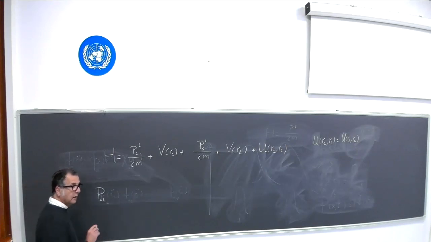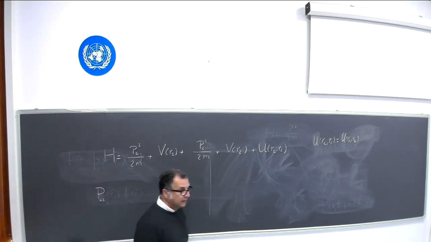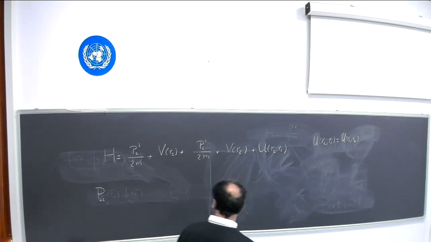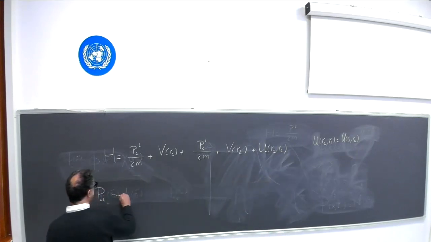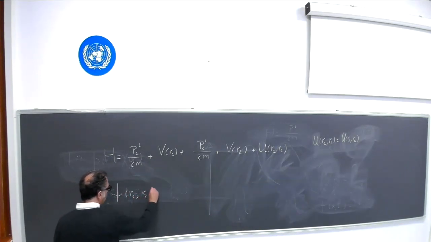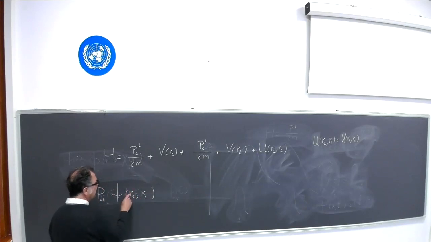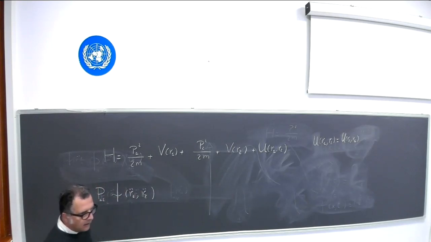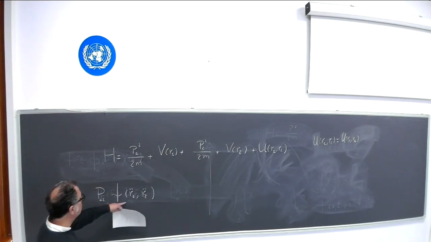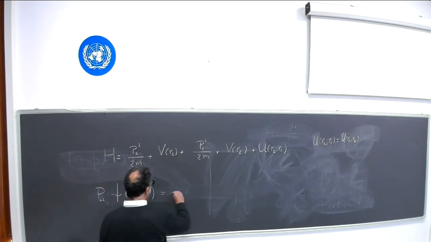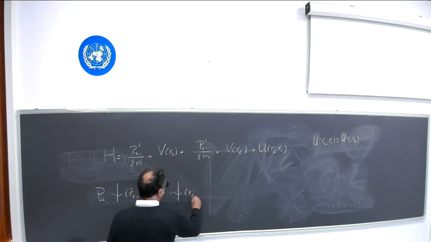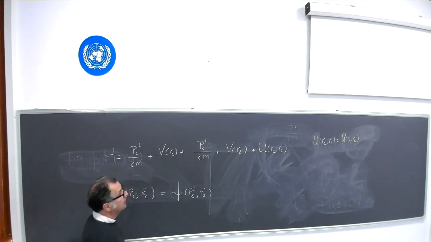This is an operator that exchanges the labels 1 and 2, meaning that if I apply P12 to psi(R1, R2), I will get psi(R2, R1).